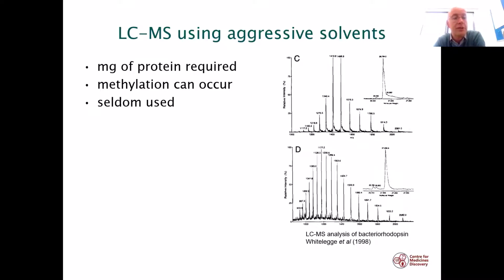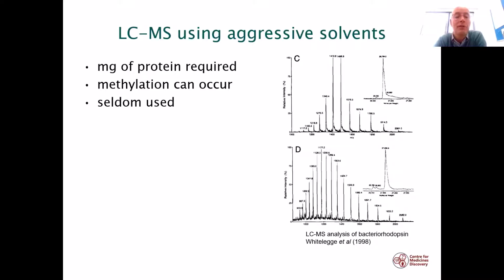The solvent system used here is a gradient of chloroform and neat formic acid. These are not really the solvents you particularly want to have in your mass spec lab. They're quite hazardous. You need rather a lot of material, so this was done on quite abundant membrane proteins like bacteriorhodopsin.